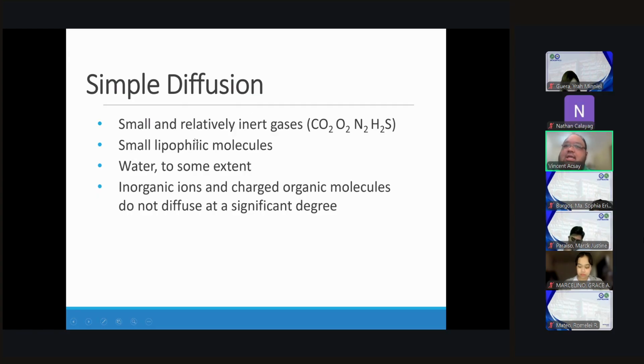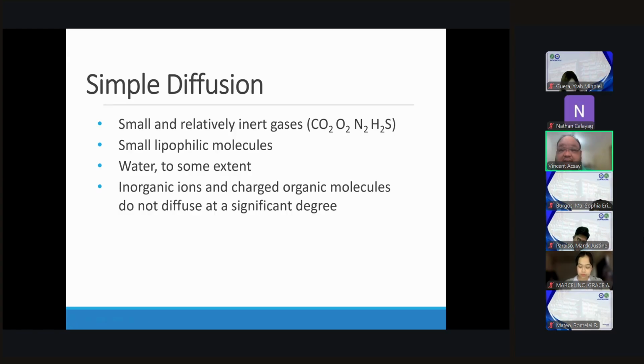So what is not affected by diffusion? These are your inorganic ions and charged organic molecules that do not diffuse at a significant degree. Inorganic ions like sodium ions, calcium ions, chloride ions, and charged organic molecules. What are examples of charged organic molecules?